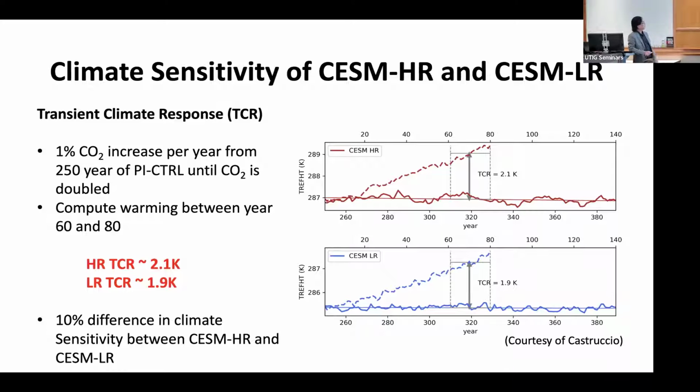That's the standard protocol for the transient climate response. And what we find is that the two models, despite the mean biases, right, the mean temperature difference, and other differences in the physics, have a global climate sensitivity that remains remarkably similar, within about 10%.